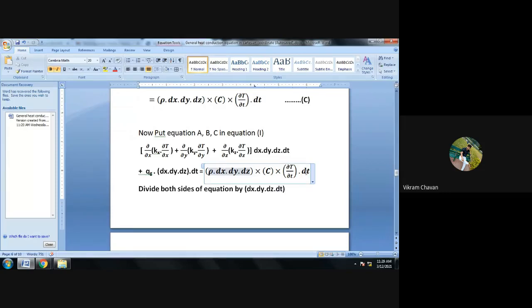So we can divide throughout the equation. Write down: divide both sides of the equation by dx multiplied by dy multiplied by dz multiplied by dt.